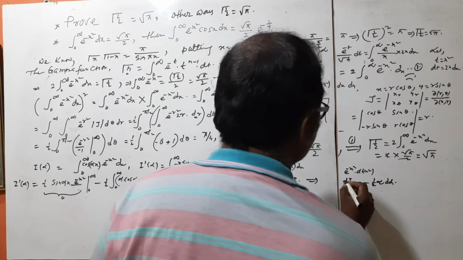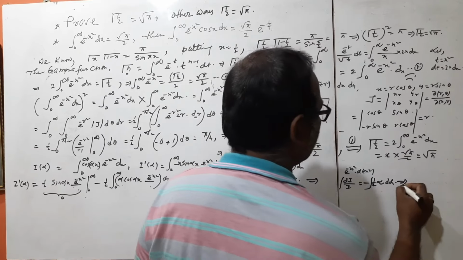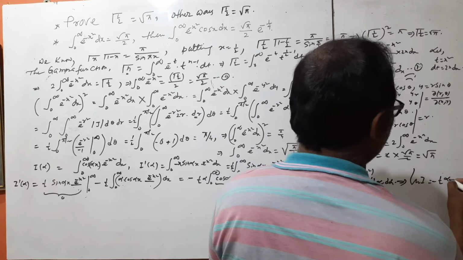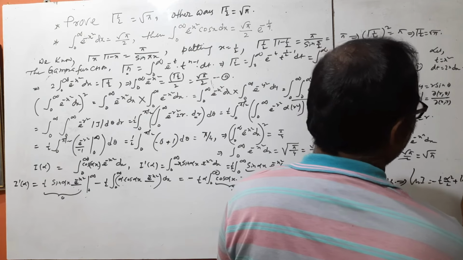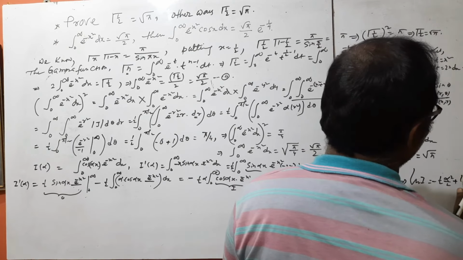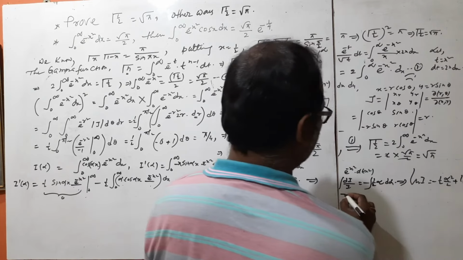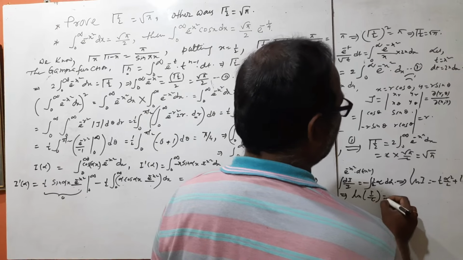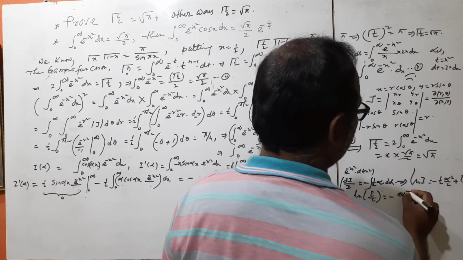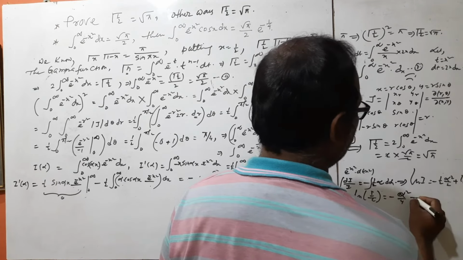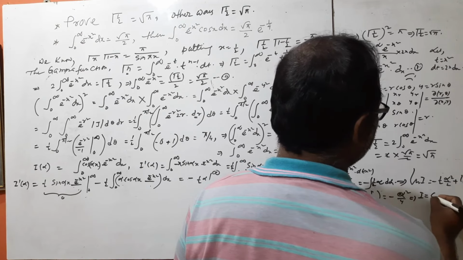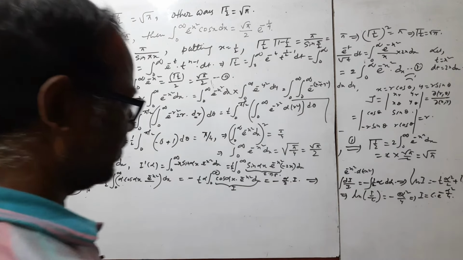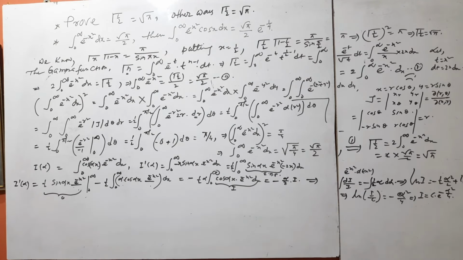Okay, integrating both sides, we get ln I is equal to minus alpha square by 4 plus ln C. So therefore ln of I by C is minus alpha square by 4, which implies that I is equal to C times e to the power minus alpha square by 4.